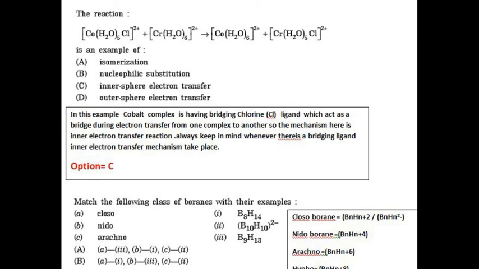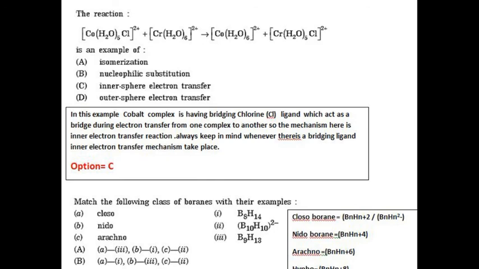Then the last question is: match the following classes of boranes with their examples. Different types of boranes are given along with their formulas, and you have to identify the types.